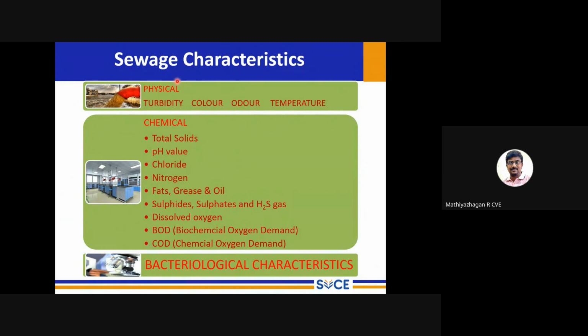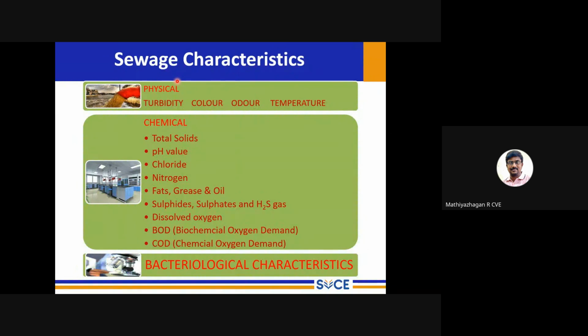Like raw water, we have the physical, chemical and biological or bacteriological characteristics of sewage. Turbidity, color, odor, and temperature are the physical characteristics. Then chemical: we have solids, pH, chloride, nitrogen, phosphate, then fat, oil and grease, and sulfates, sulfides, then DO, then BOD and COD.